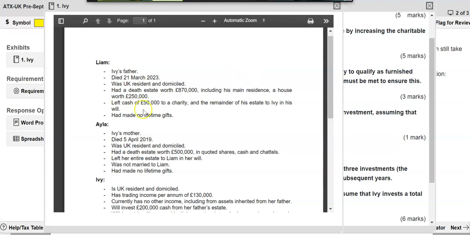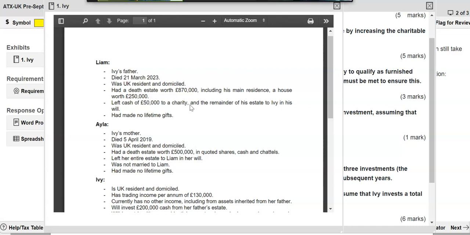Okay, so how much is the estate? That's 870,000, and it includes the residence. 50,000 is left to charity, and the remainder is to Ivy. And Ivy is, I guess, the daughter. So there would be a residence nil rate band of £175,000 as well. Agreed? And you forgot that as well.